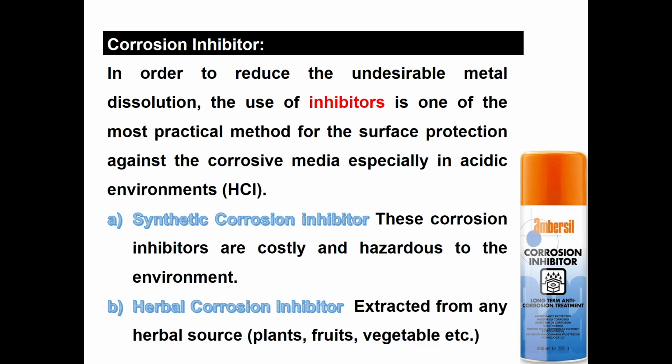I will concentrate on corrosion inhibitors because our study is related to that. In order to reduce undesirable metal dissolution, the use of inhibitors is one of the most practical methods. It covers the surface of the metal and prevents the corrosion from starting.